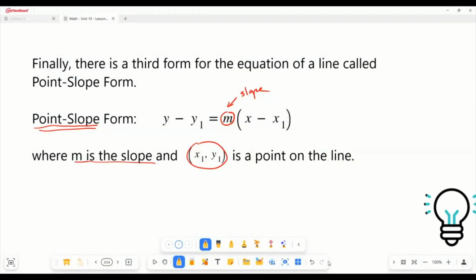Okay, so three forms: slope-intercept, standard, point slope. It doesn't say it here, but this is also on the formula sheet.